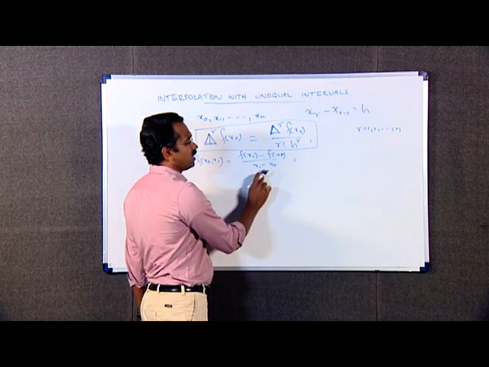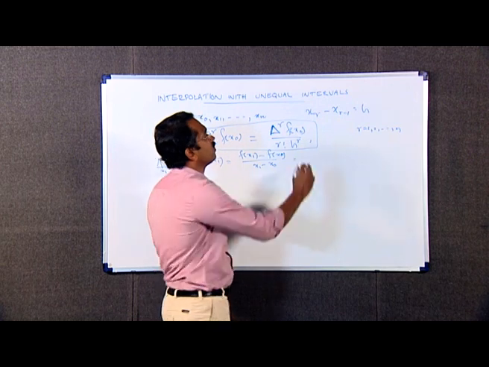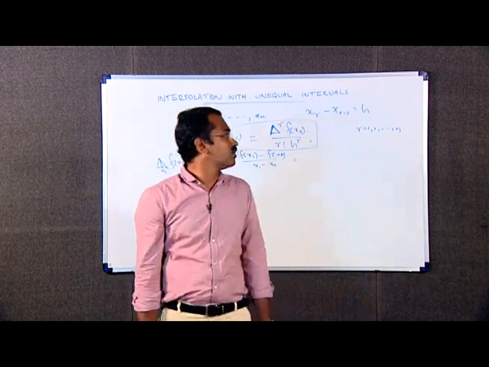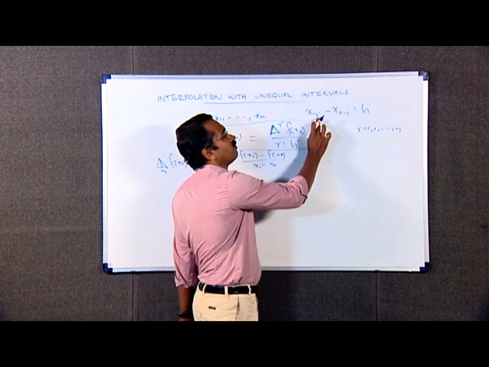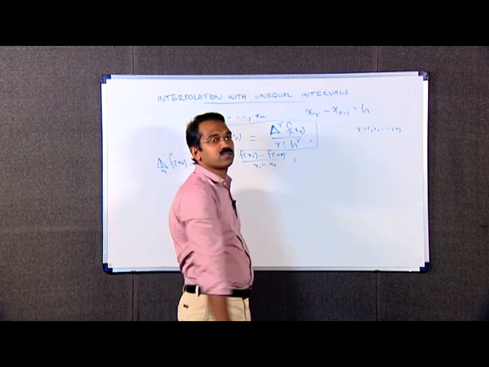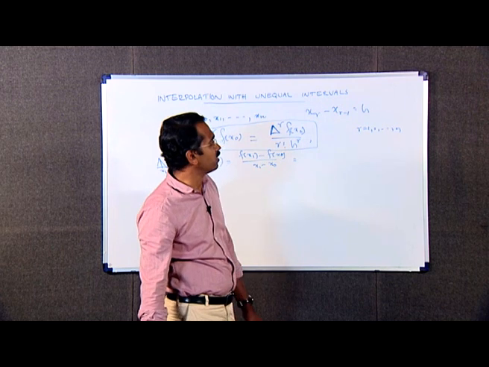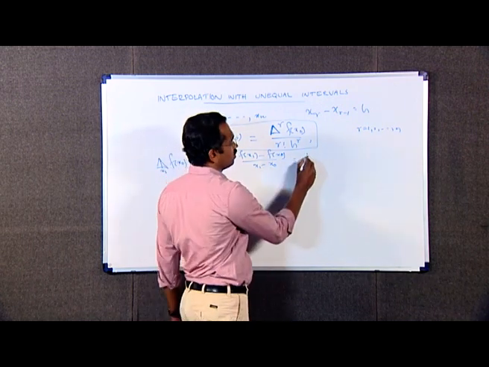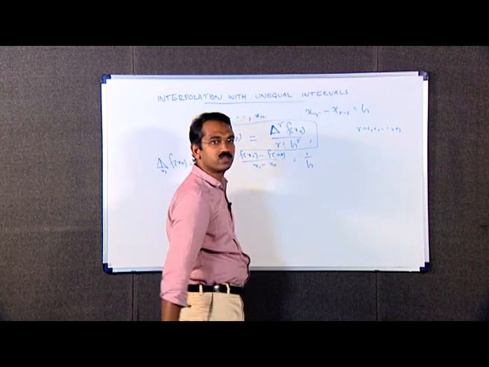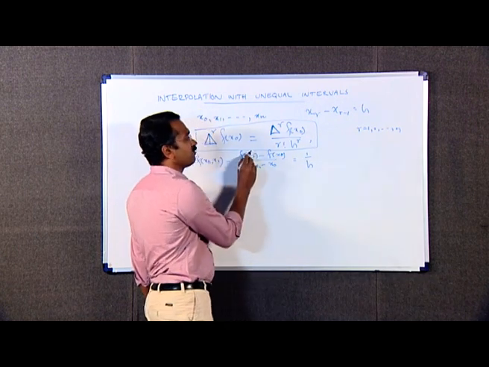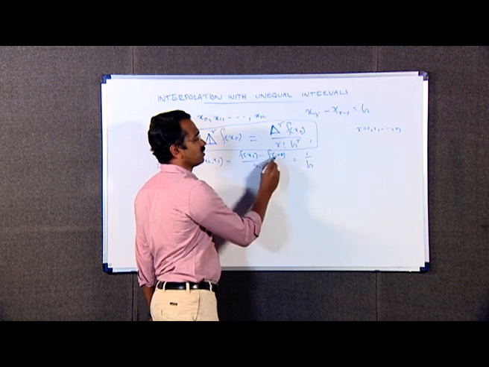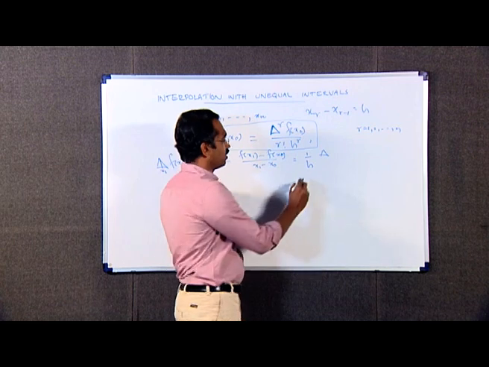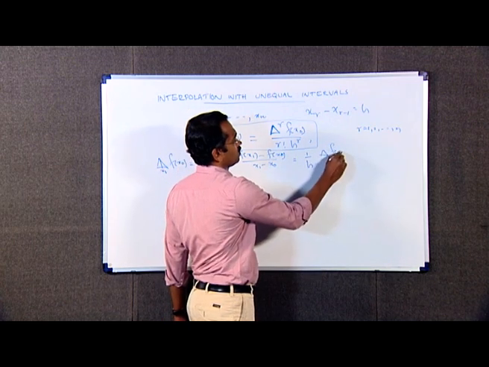Here x1 minus x0 is h, because the arguments are equally spaced. We use h as the difference of intervals. Therefore, this is 1 by h into, by definition of forward difference, the first order forward difference delta f of x0.